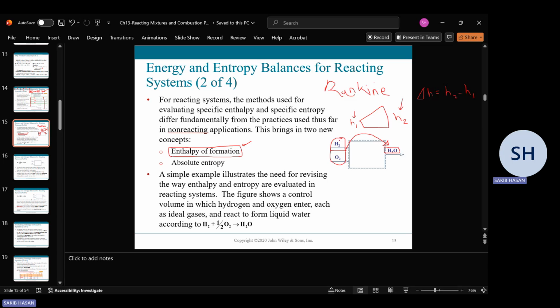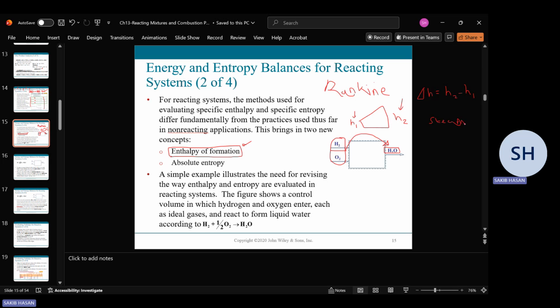Okay? So there has been a change in this hydrogen, in this oxygen, such that they're no longer hydrogen and oxygen, but instead they've bonded together into water. So you can't use that idea of a steam table anymore, where you had the same substance.